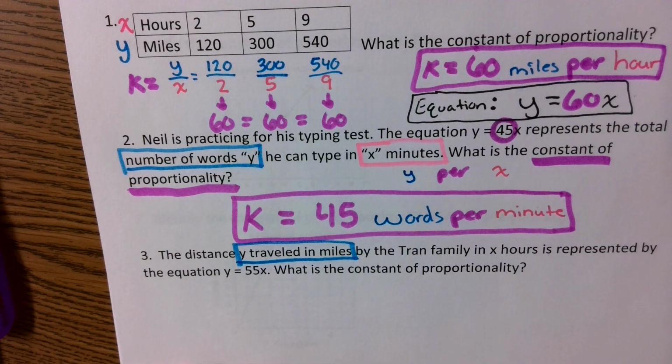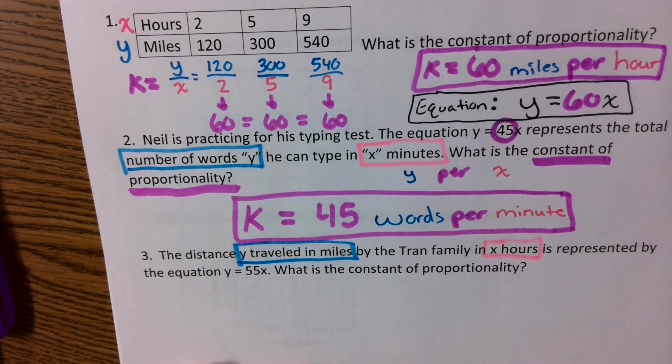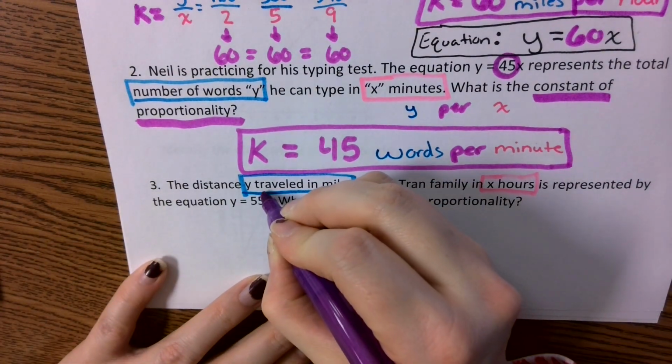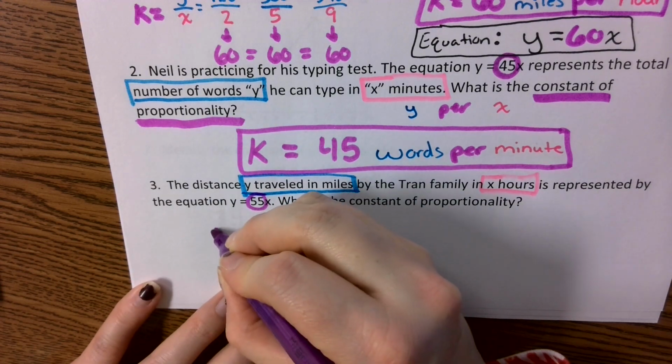Y is your miles. It'll tell you what your X stands for. X is the hours. And then they gave you the equation. The 55 here represents that constant of proportionality. It represents that rate of change that we've got going on here.